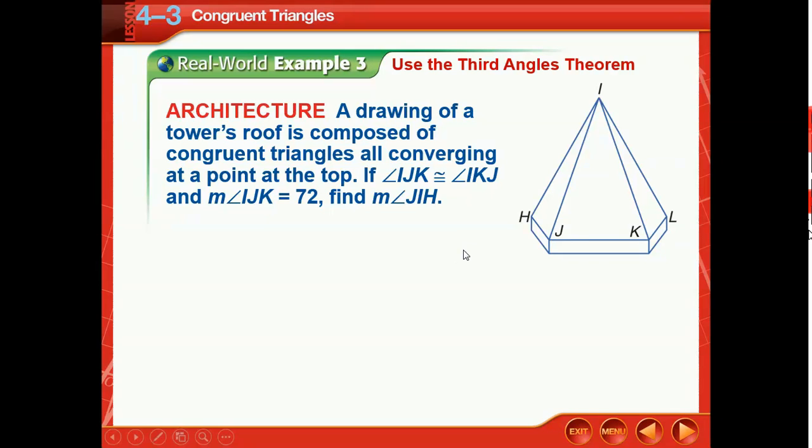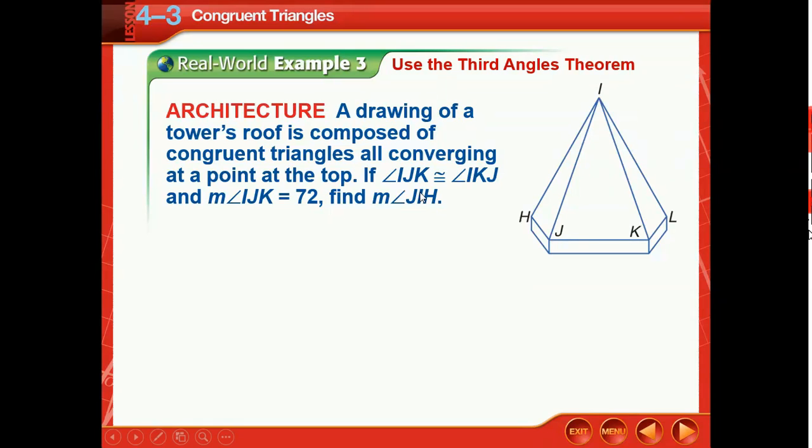If angle IJK is congruent to angle IKJ, look at that, it shares some letters there, and the measure of angle IJK is equal to 72, find the measure of angle JIH. If you think you have an idea, if you want to try it on your own, this is a good time to pause it.